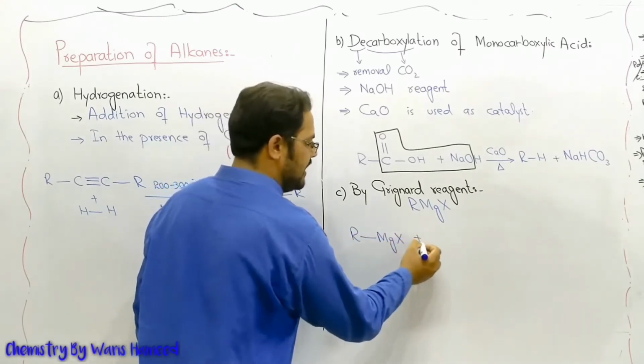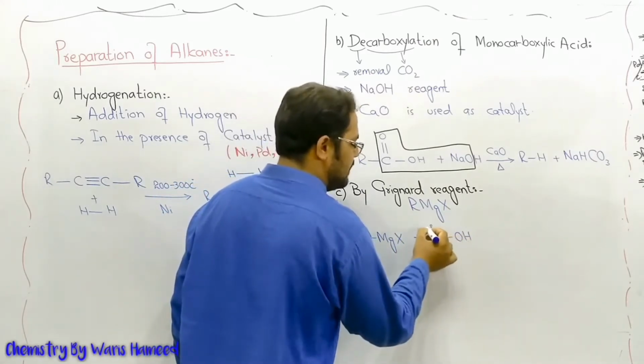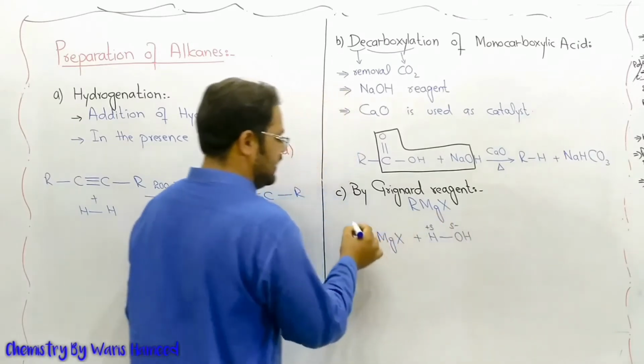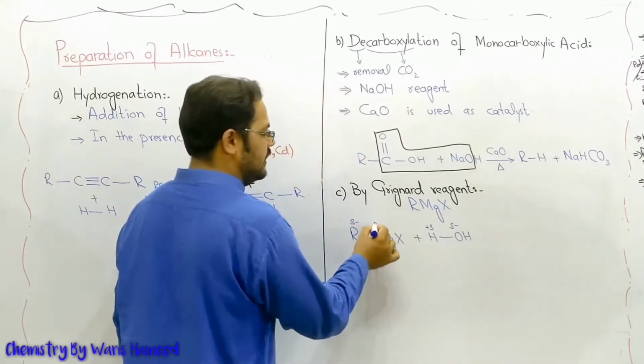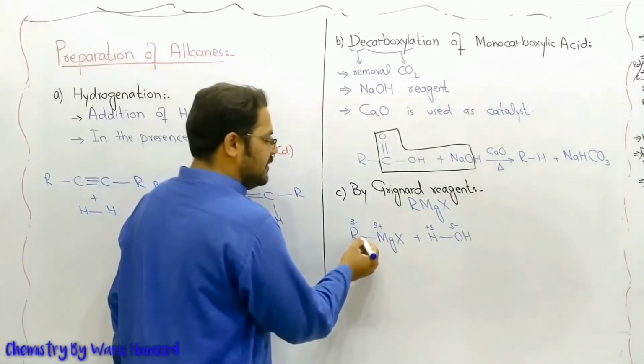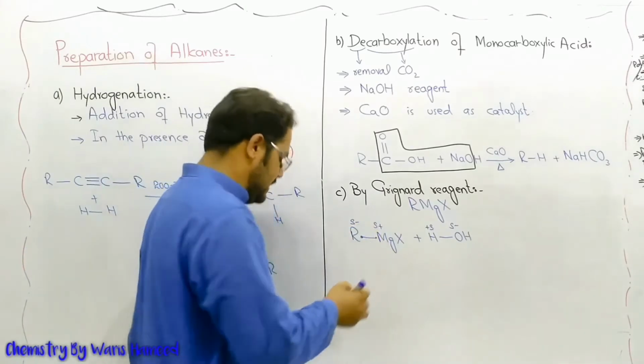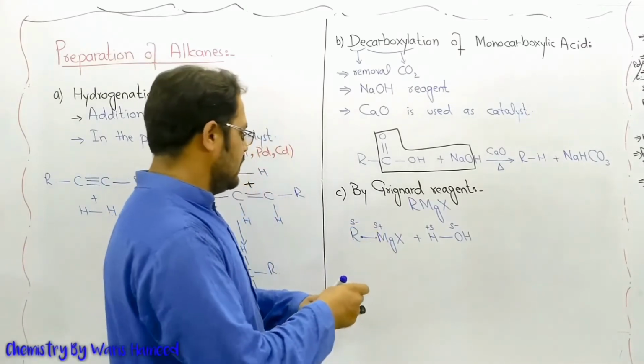RMgX plus HOH. It is partial positive, partial negative, and it is partial negative, partial positive. We know that the bond between alkyl group and magnesium is reactive, and it will pick hydrogen atom.